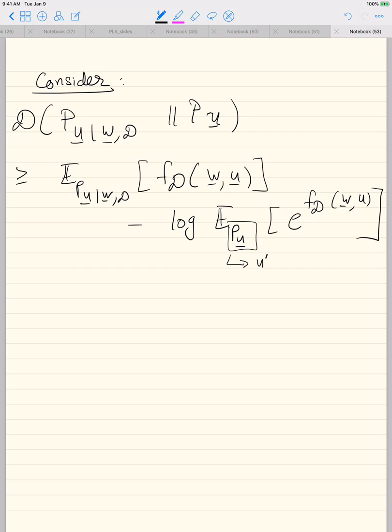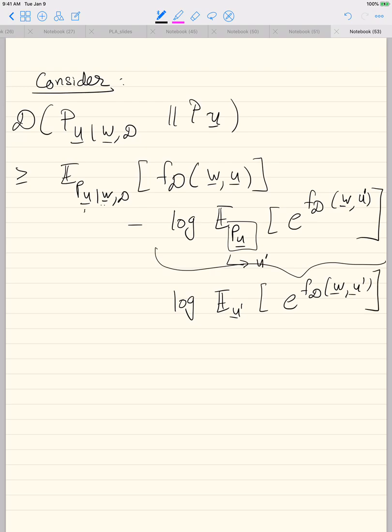So U prime is just another copy of U sampled independently of W and D. And I'll put U prime here, just to emphasize that U prime is independent of W and D. So this distribution, here U is dependent on W and D. I can write this as just, for convenience, the expected value over U prime of e to the Fd of W and U prime. So here U prime is IID Bernoulli 1/2.